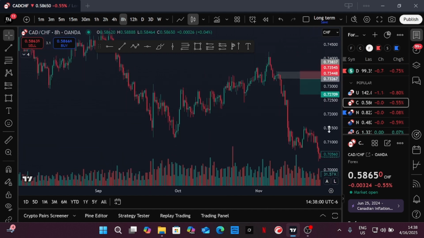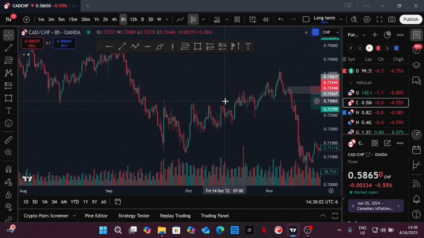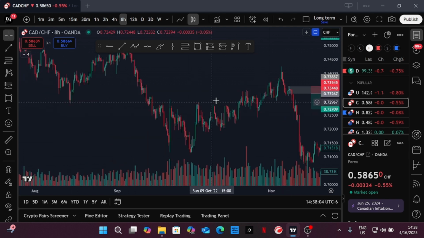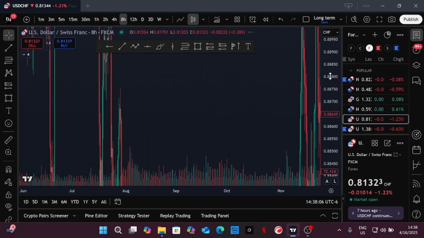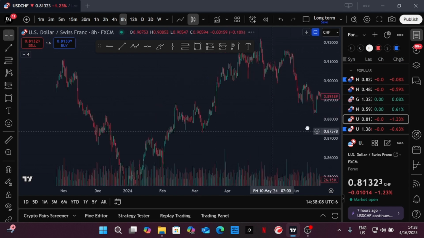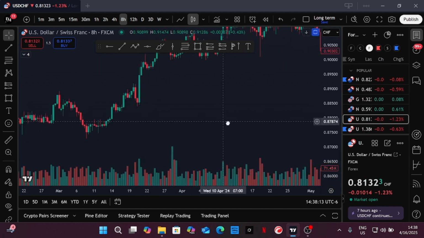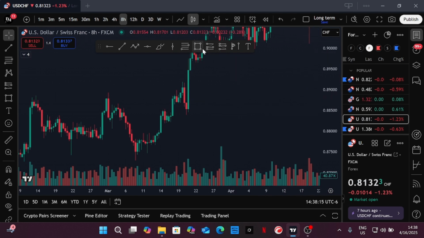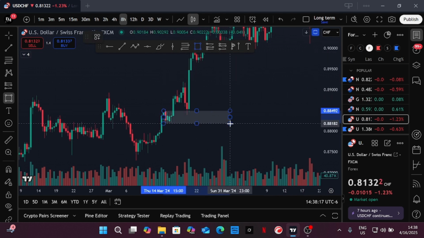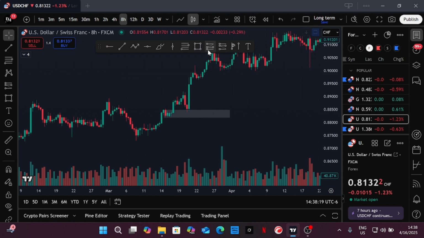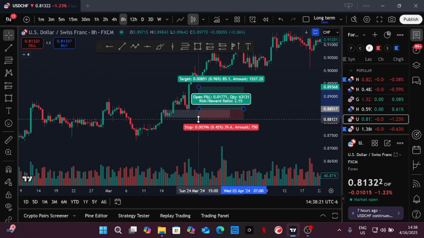Another thing, especially for the new guys, is to just backtest the strategies, okay? Just pick a random pair, go back in time, right? Just scroll back and backtest. Look for order blocks. Like we talked about, look for the order blocks, the break of structures, and just backtest and see how stuff like this plays out, okay?